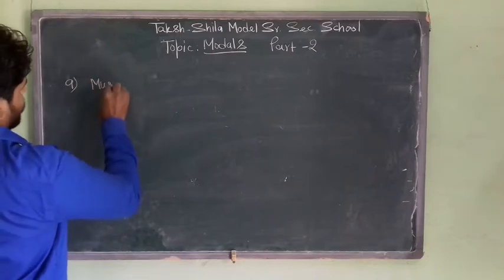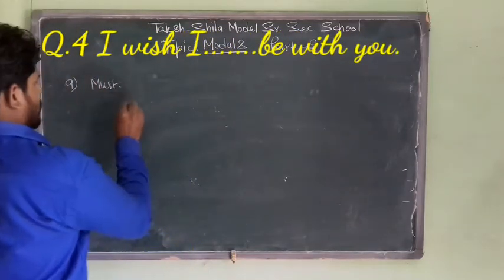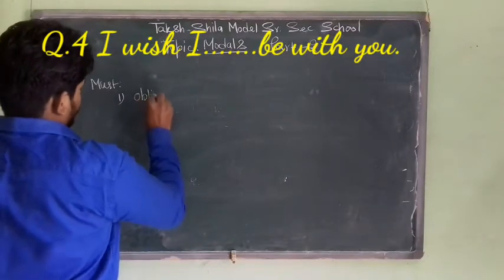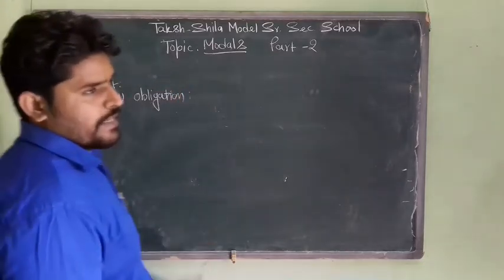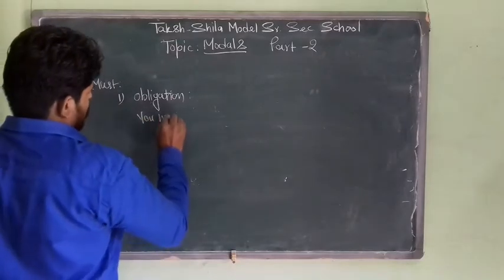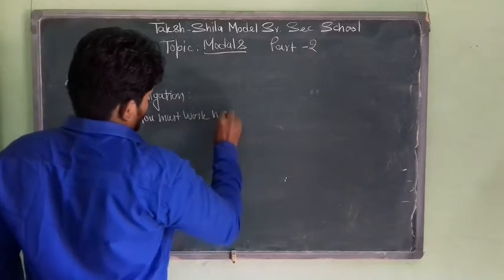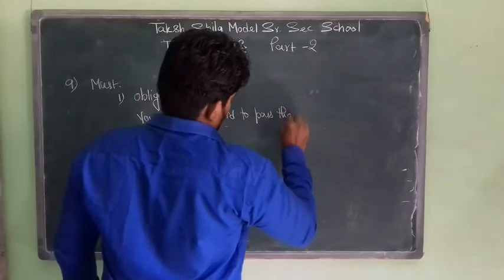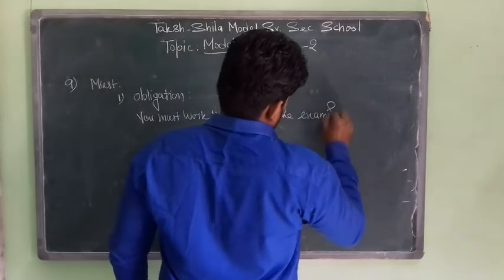Must. So students, must is used to express, in the first place, obligation. Obligation here means something that is very necessary to do. For example, you must work hard to pass the examination.